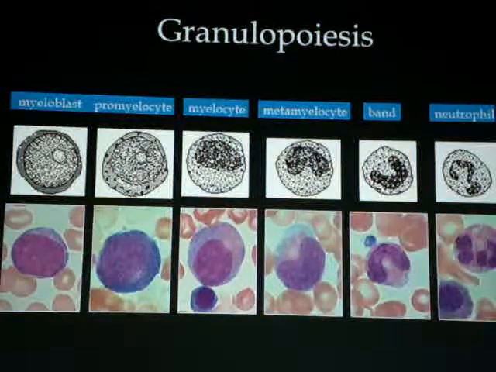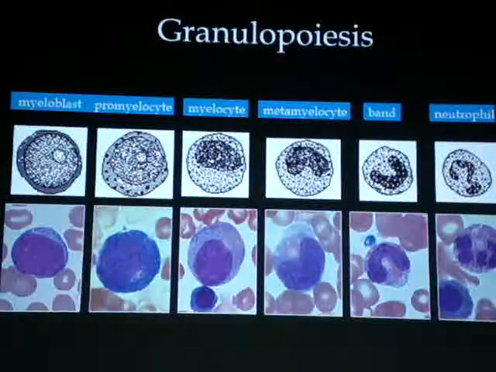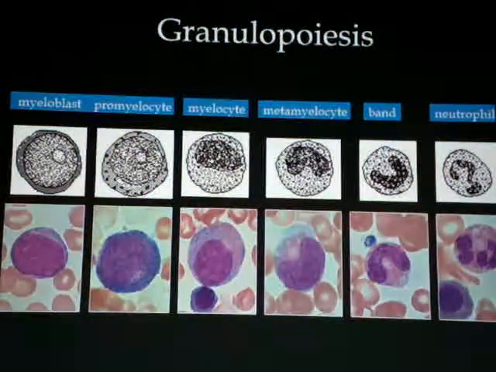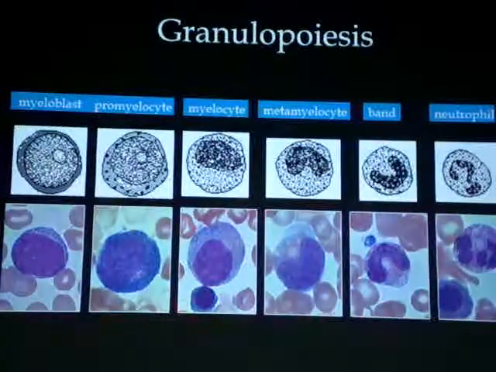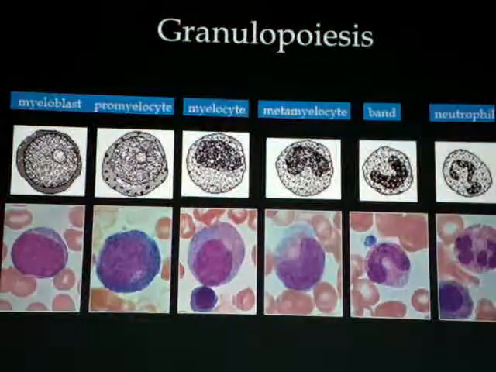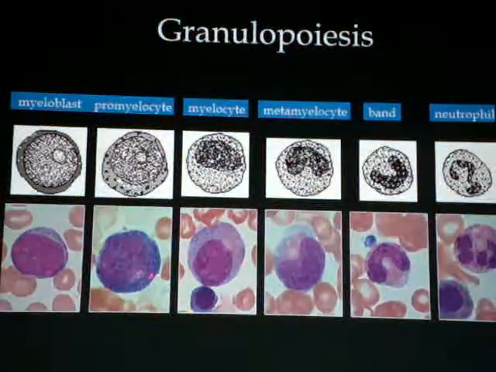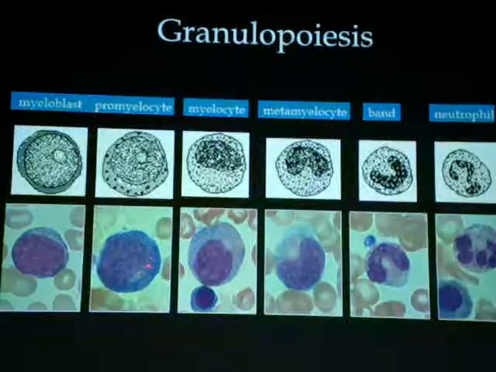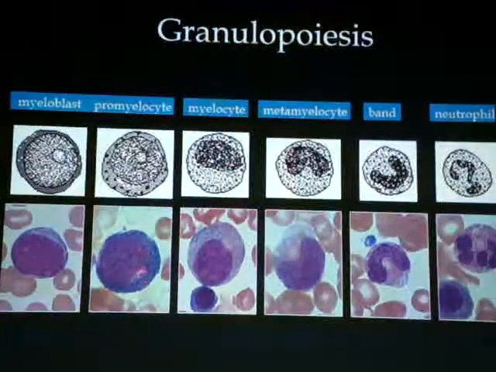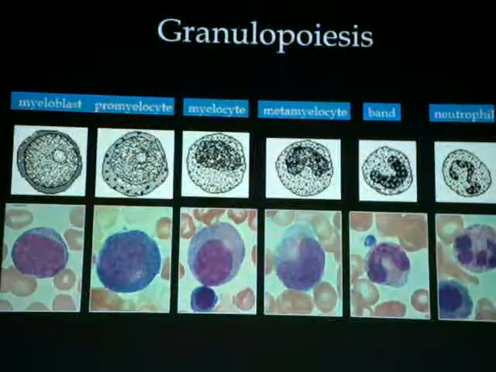What is the first type of granules? The azurophilic granules. The azurophilic granules will appear violet or blue, so we are able to see violet granules in the cytoplasm. That should be the promyelocyte.